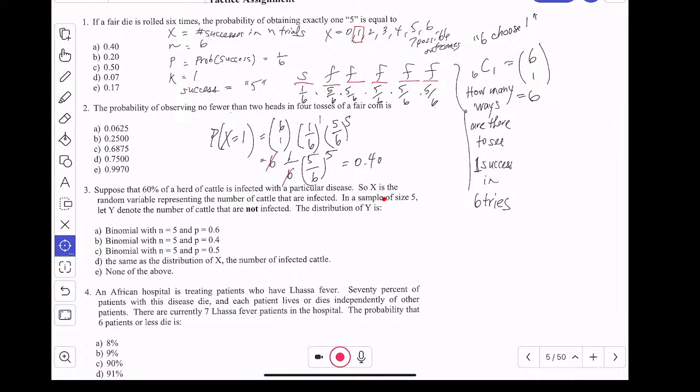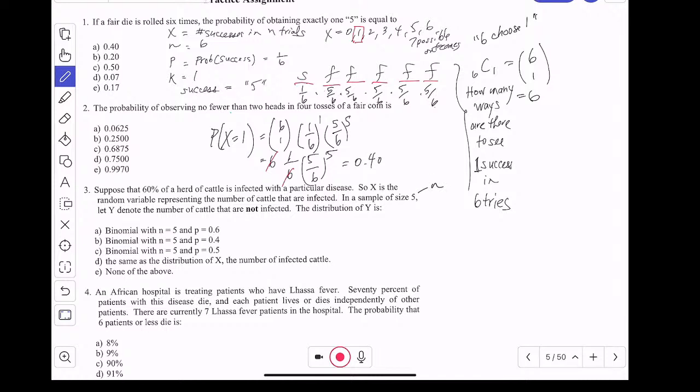So X would be binomial because I could identify N and P. Well, actually, they don't give me N and P, but in Y, they tell me what N is. So this is my N, size 5.